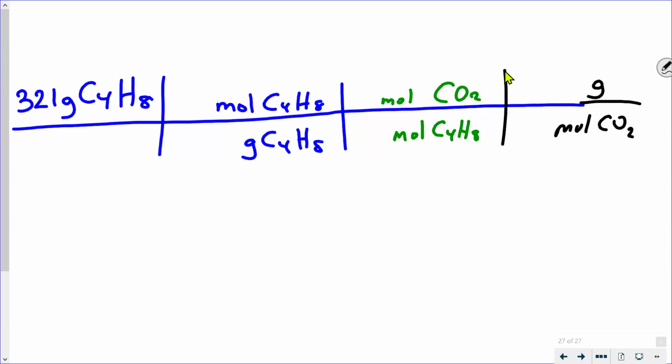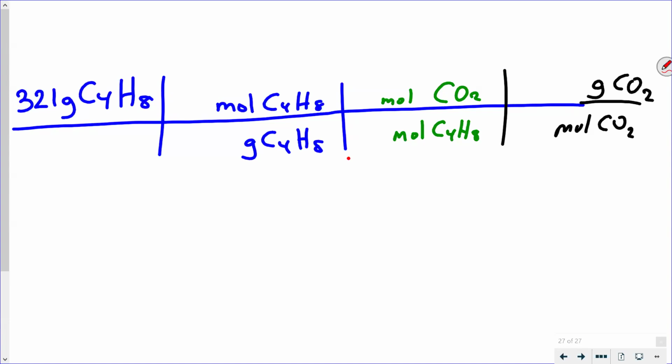CO2. There has to be a relationship, or you cannot put one over the other. There is no direct relationship between moles of carbon dioxide and grams of hydrogen, for example. So there has to be a relation before you can do that.